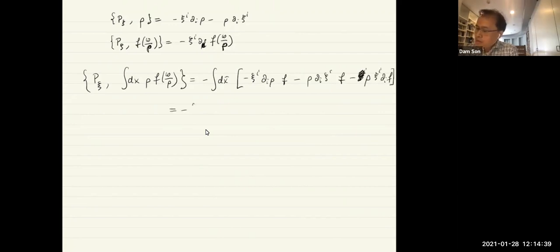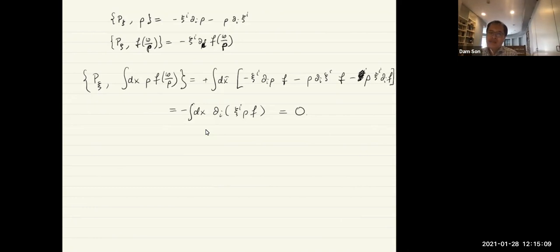But it's nothing but the integral dx di of Ci rho f, which is 0. In other words, this is a very trivial fact: rho times f is a scalar density.